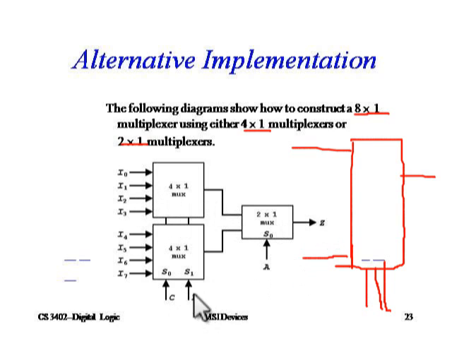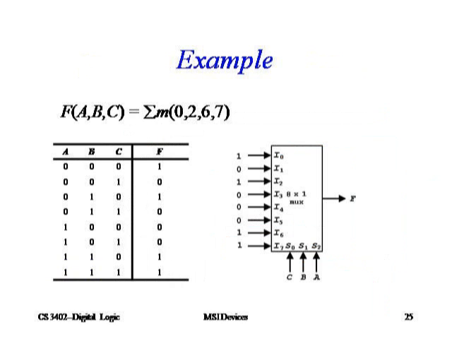Similarly, if it is 1 1 1, so 1 1 means output of this mux is I3 and output of this mux is I7, but here 1 is selected, so this particular input of the 2 cross 1 mux will be given a path to output. So this is one of the possibilities of representing an 8 cross 1 mux using 4 cross 1 and 2 cross 1. Now let us see one example of this.